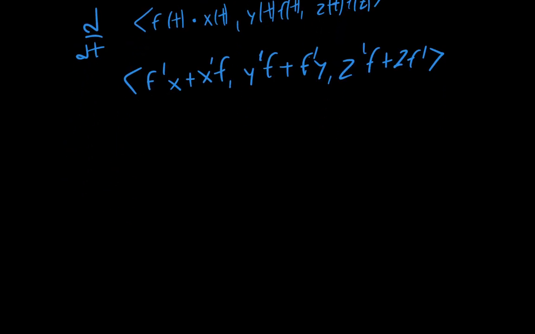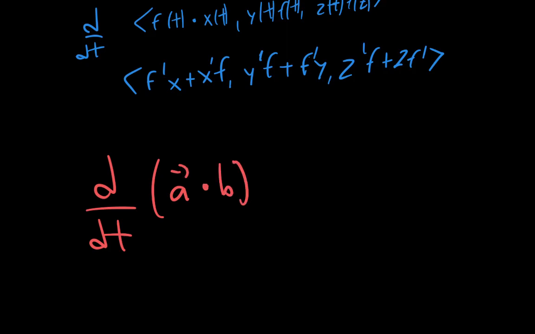Now we can also differentiate a dot product, surprisingly. Let's say we have a dot b, and this actually looks a lot like a product rule.